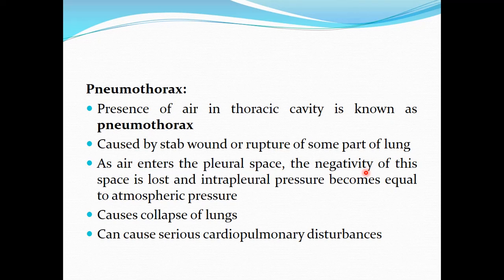When air enters into the pleural space, the intrapleural pressure becomes equal to the atmospheric pressure. So the force which prevents the recoiling tendency of the lungs is lost. It will result in collapse of the lungs, and collapse of the lungs will result in serious cardiopulmonary disturbances.